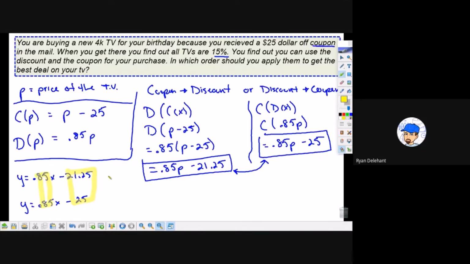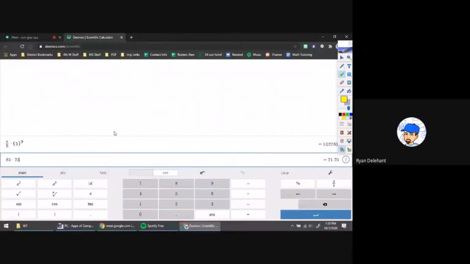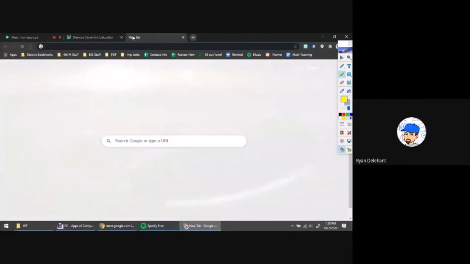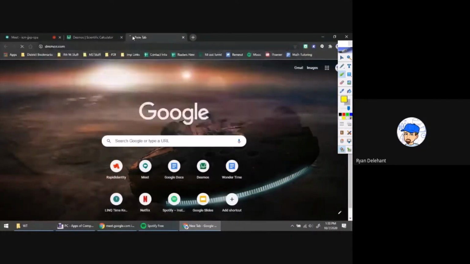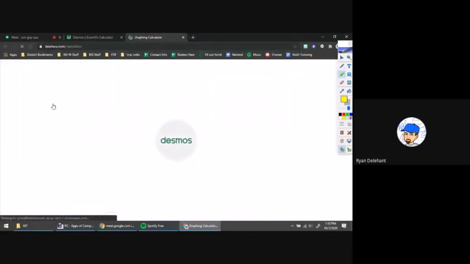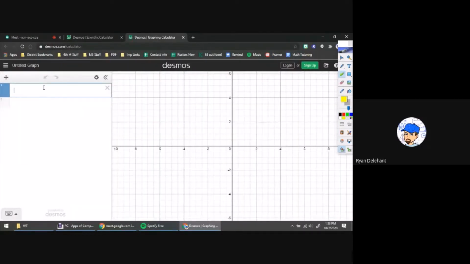Let's actually look at these graphed and see what this thing looks like. So we had 0.85x minus 25. Got to put a y in there. No, I don't. It's just off the screen.